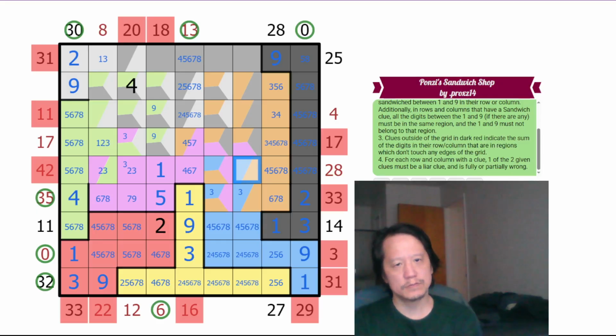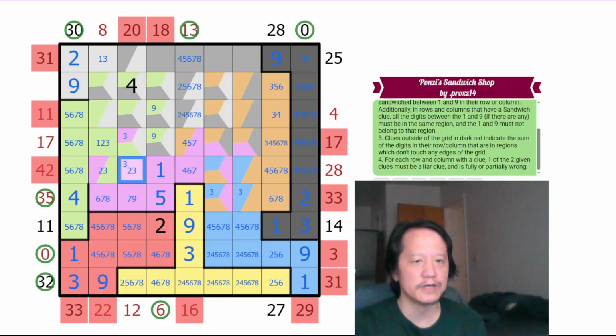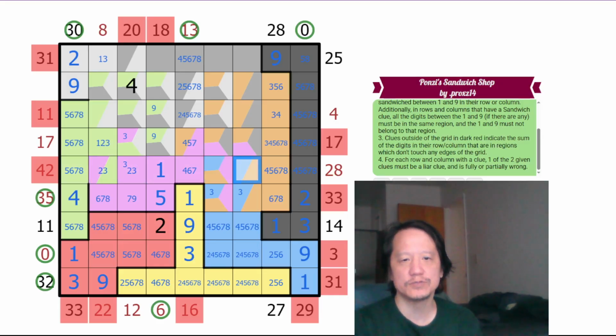Interesting. So in that case, if this is green, it has to be 2, because these 3 digits would have to be 2 or 3. Now that's very interesting.